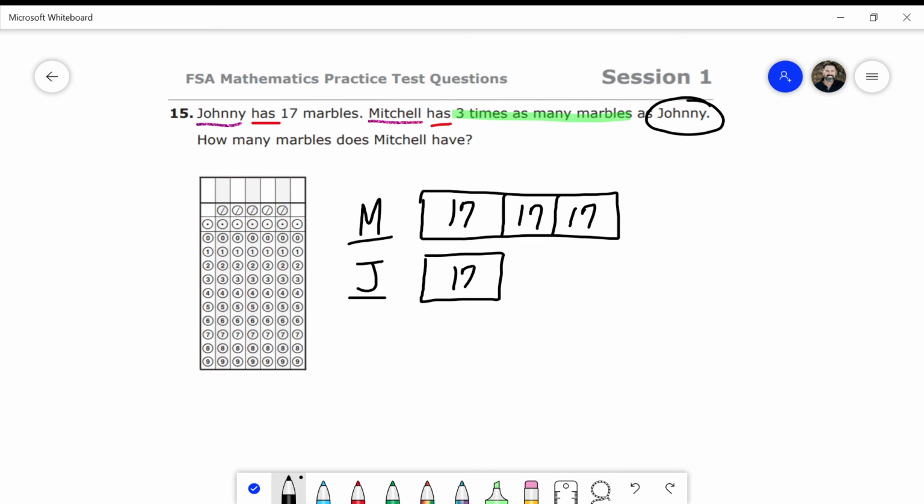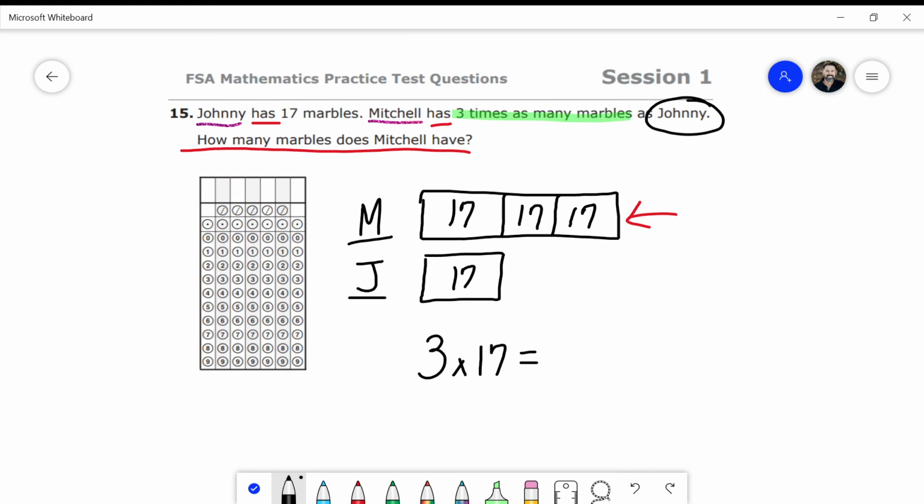And so now what I see is I'm repeating the same number, right? If I want to figure out what Mitchell has, that's the question. Well, look at Mitchell. He has the number 17, and it's being repeated 3 times. Well, there's my math. All I'm doing is 3 times 17 to determine what Mitchell has with regards to marbles.